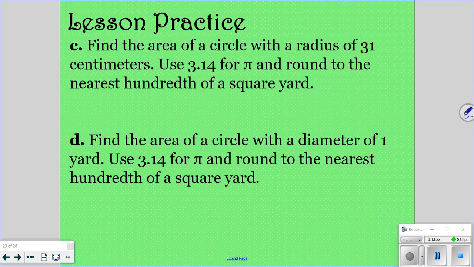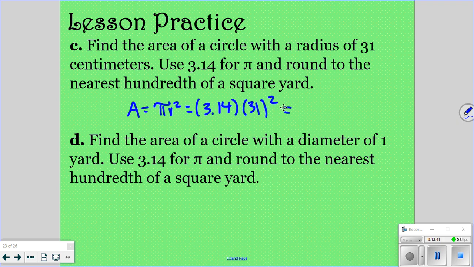Okay, now let's try these two. So y'all again pause the video and try them by yourself, and then I'll go over them after y'all have attempted them. For the area of a circle, we're going to use pi r squared. So it tells us to use 3.14, and then our radius is 31.